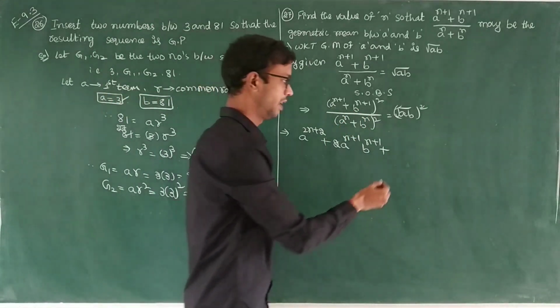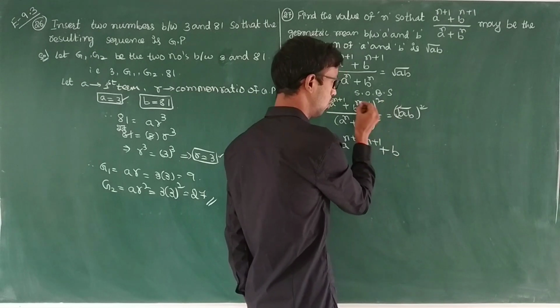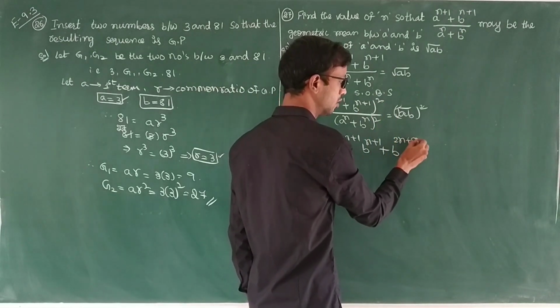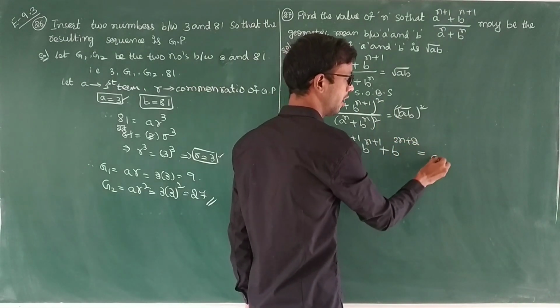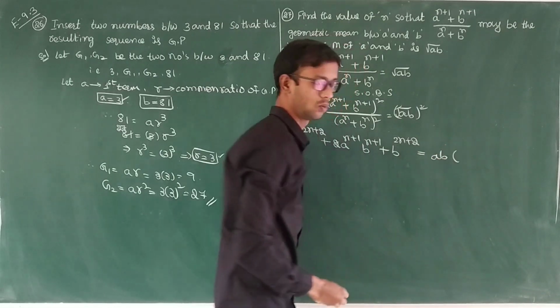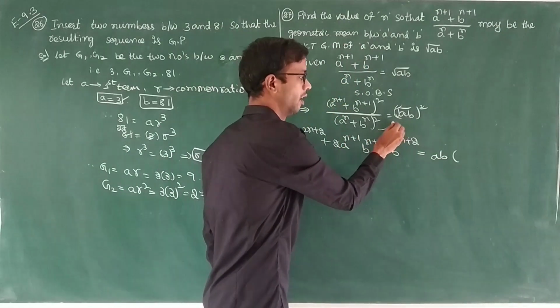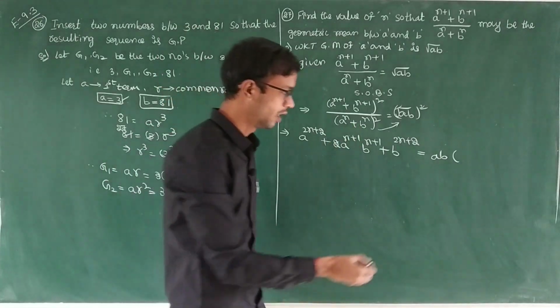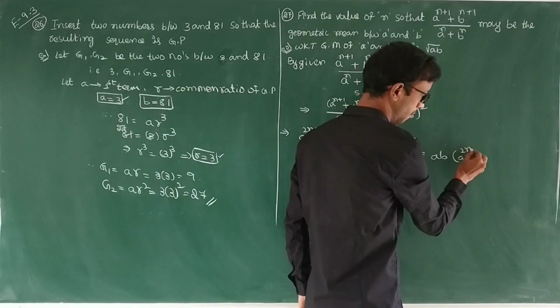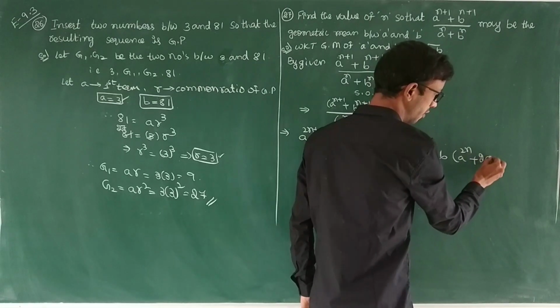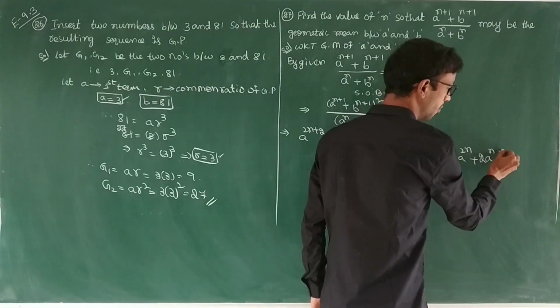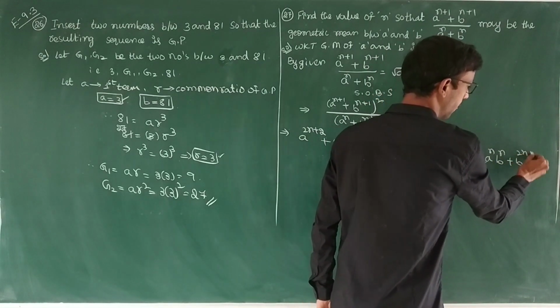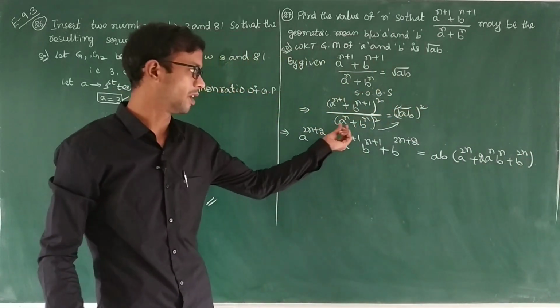So b square means b power 2 into n plus 2, is equal to ab into this, cross multiply with ab into this. Simplification, how much do you get? A power 2n plus 2, plus 2 into a power n b power n, plus b power 2n. So just the a plus b whole square.